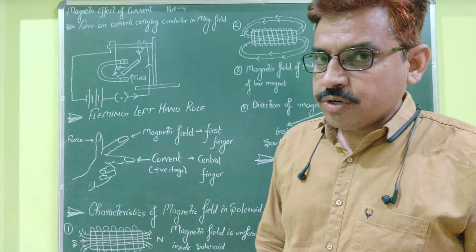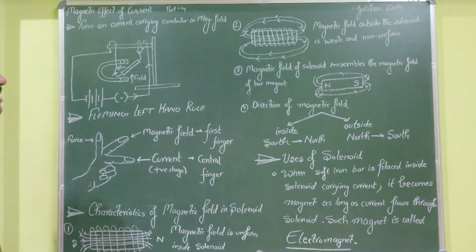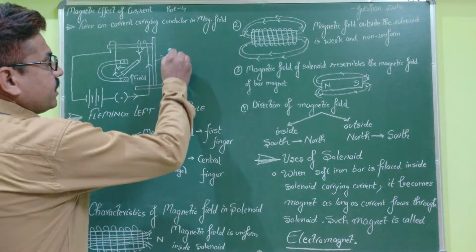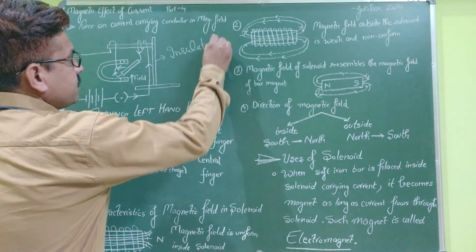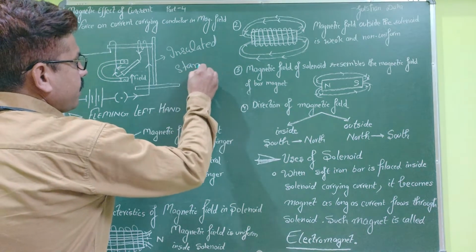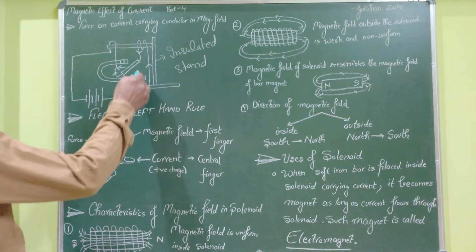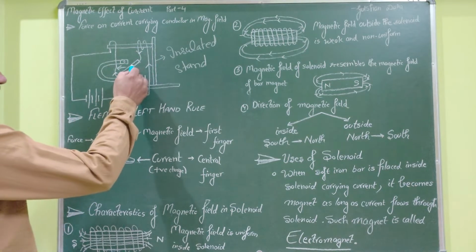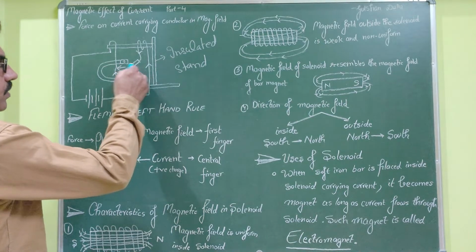In order to discuss that, let me share this diagram. This is an insulator stand. And this is the material over which a wire is connected to this rod in which the current I is passing.